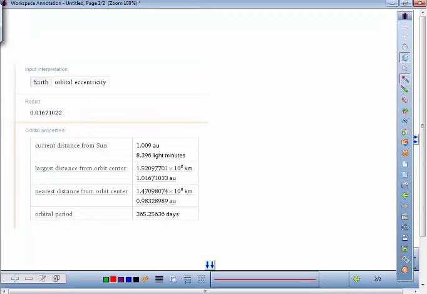All right, so we have the largest distance. Which one's the largest distance? The aphelion, I don't know. Let's go 1.52.